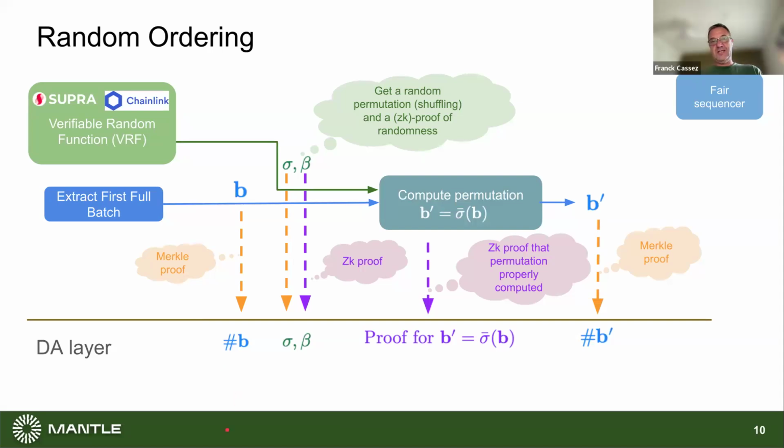There's also something interesting that I thought I would talk about later in the talk: the verifiable random function can be decentralized. Supra offers a DVRF, where the computation of a randomized value uses a multi-party computation scheme in which every participant contributes to the randomization.